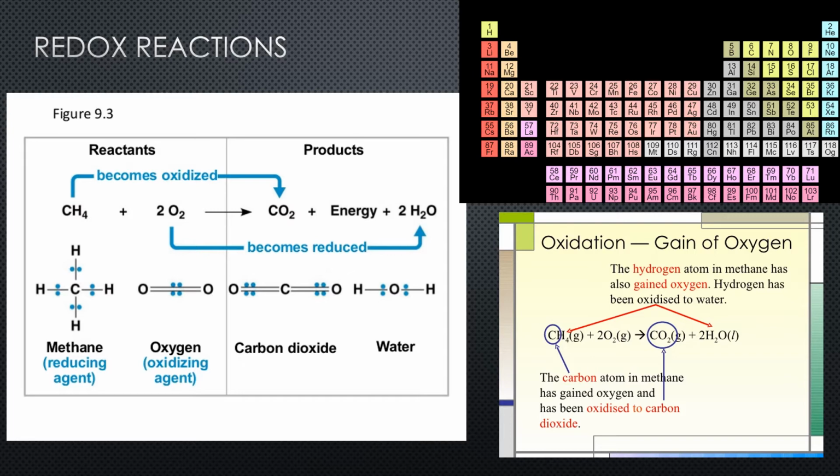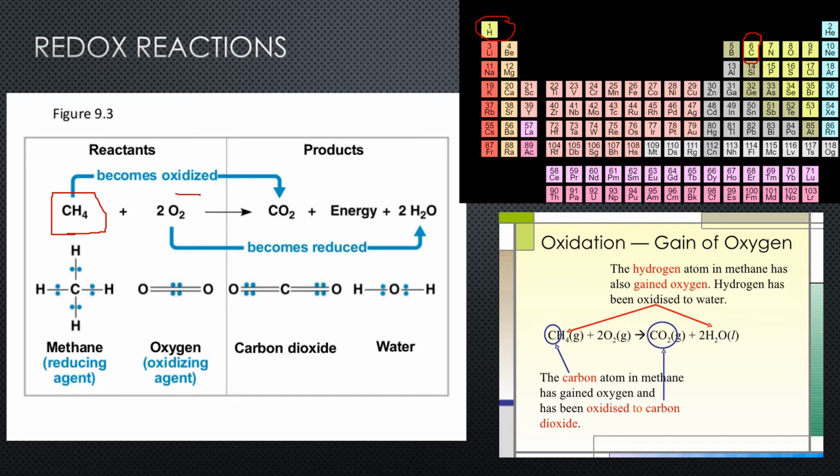How do we figure that out? Let's just start here with methane. We have carbon and 4 hydrogen atoms. We know, based on our periodic table, that carbon is definitely going to be pulling the electrons closer to it than the hydrogen atoms are.